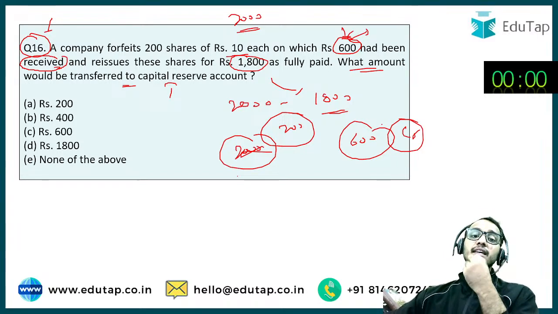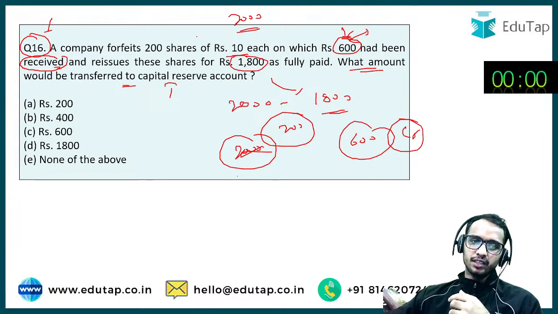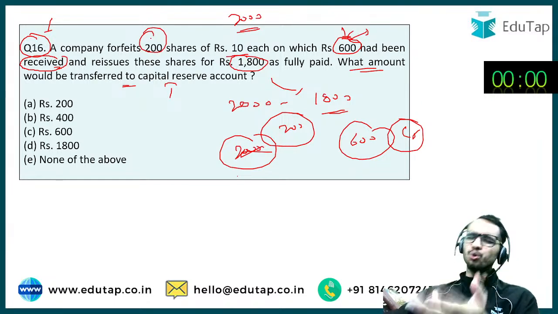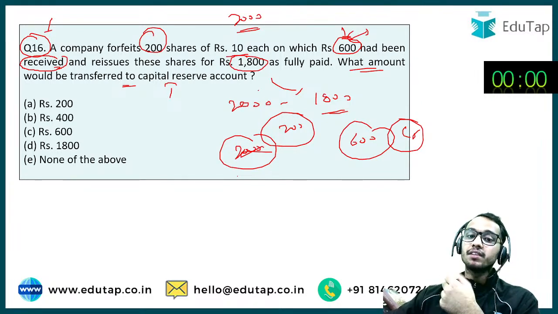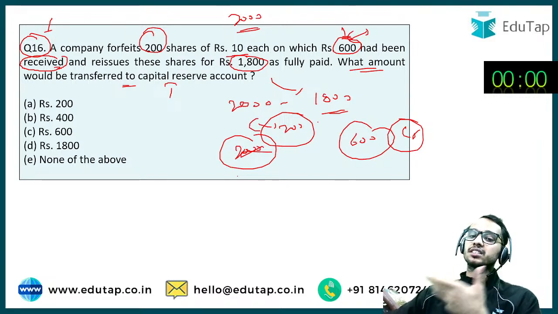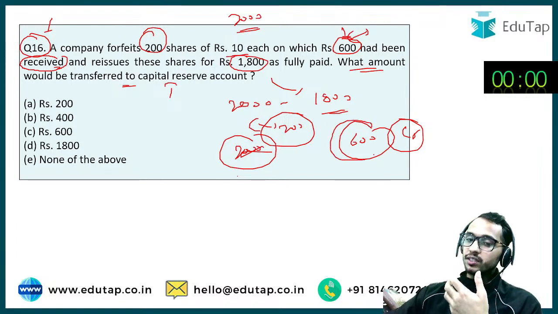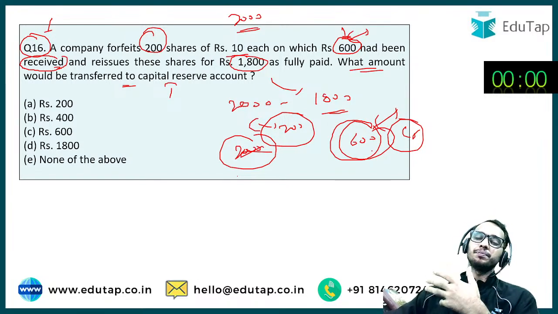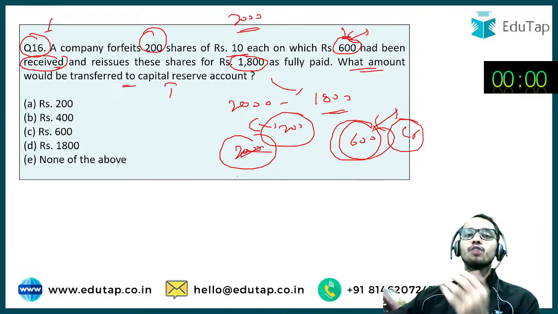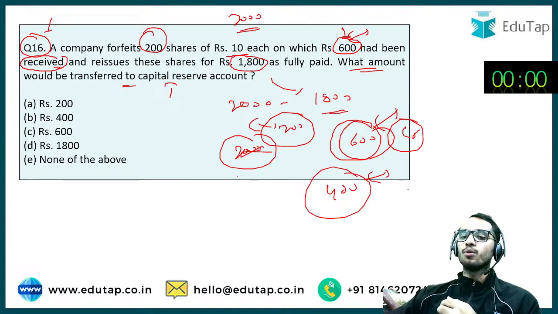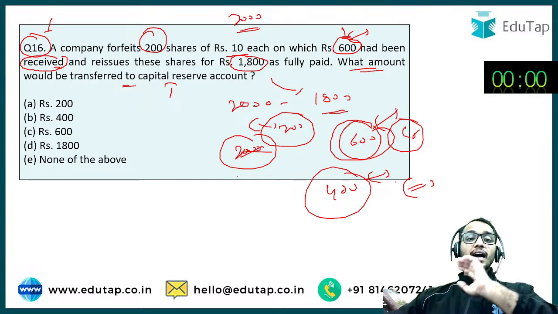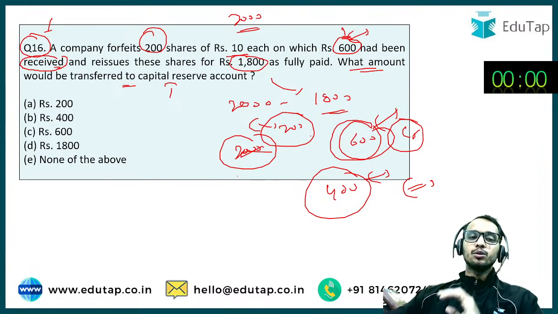Now it says these 200 shares are reissued. If they are reissued, you have given a discount of 200. So this discount will be adjusted from this 600 balance in the forfeiture account. So share forfeiture account will be debited by this 200. So the amount left in the forfeiture account is now only 400, and that you are going to transfer to the capital reserve account.